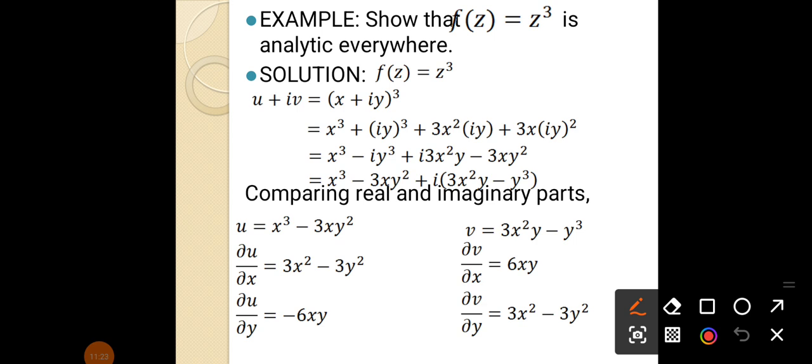Okay, similarly we are given v is equal to 3x square y minus y cube. The derivative of v with respect to x is del v by del x is equal to 6xy, and del v by del y is equal to 3x square minus 3y square.